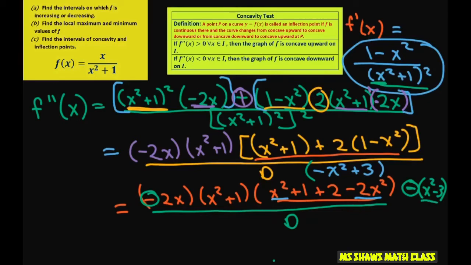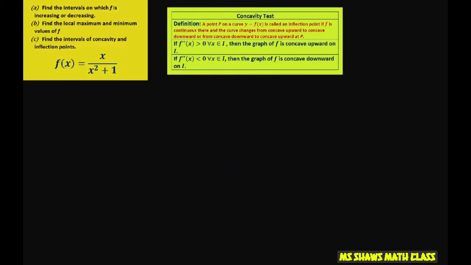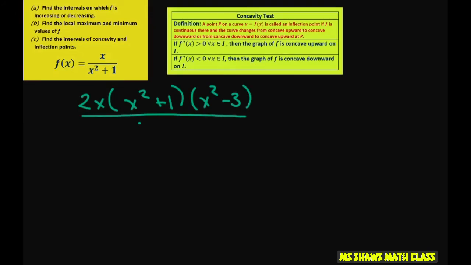So now this is going to be positive, and you're going to get 2x times x squared plus 1 times x squared minus 3 all over x squared plus 1 to the 4th.